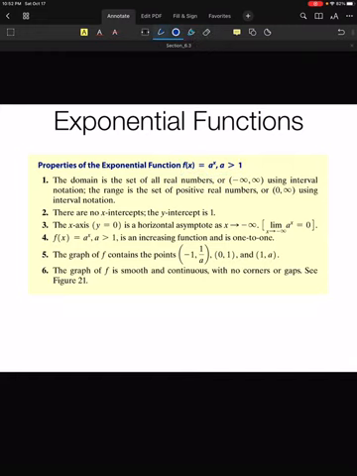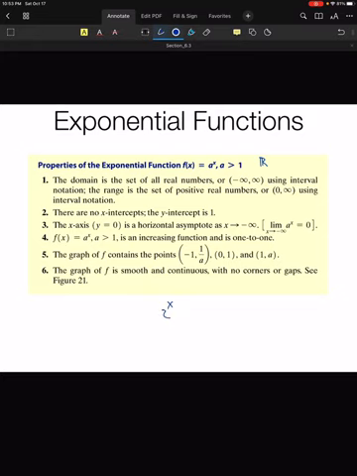The first property is that the domain of this exponential function, where a is greater than 1, is all real numbers, which you could write as negative infinity to infinity using interval notation. The range of this exponential function is 0 to infinity, or positive real numbers.